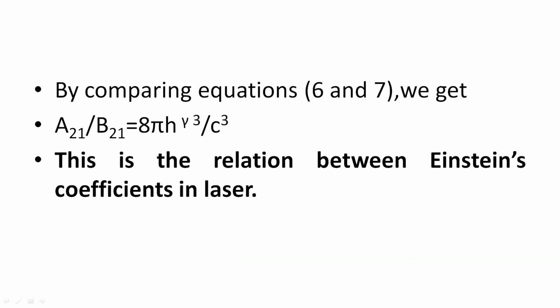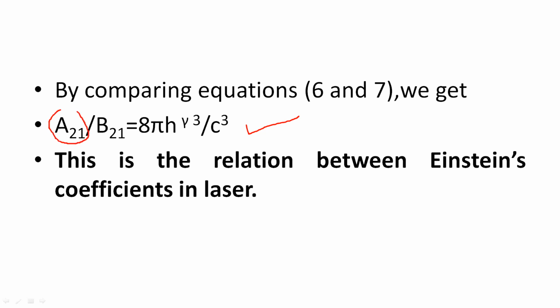So this is the relation between the Einstein coefficients in a laser. This A21 by B21 equals 8 pi h nu cube by c cube. Here you can see, what is A21?